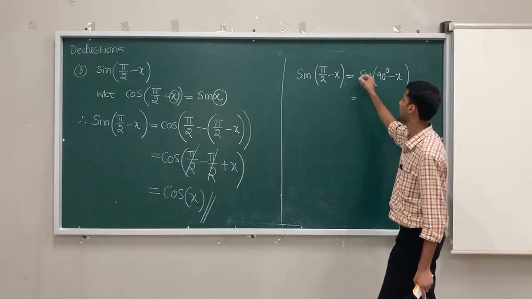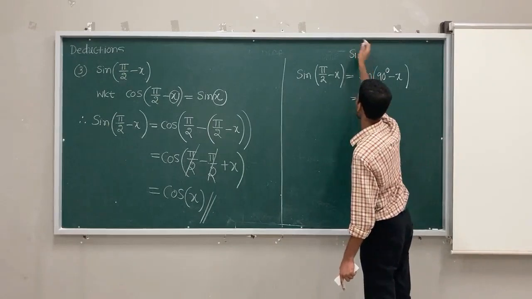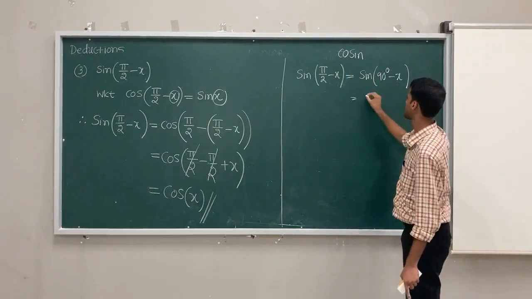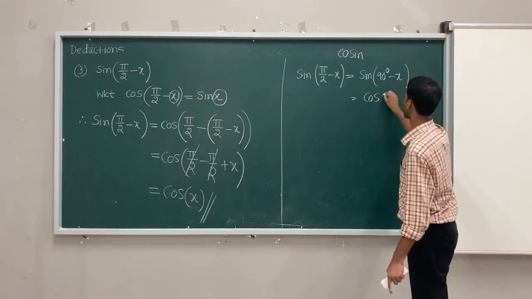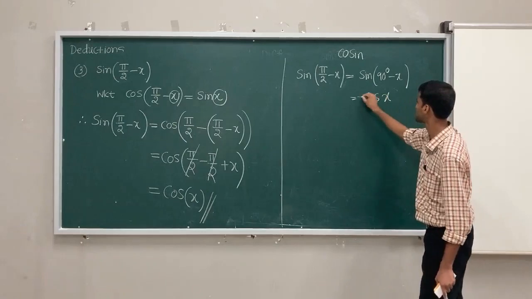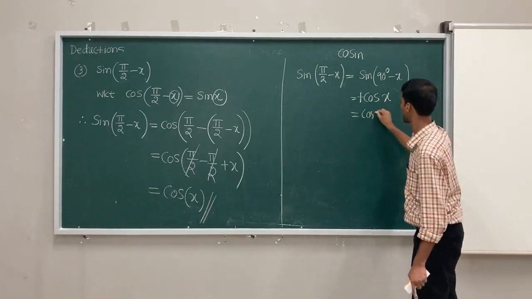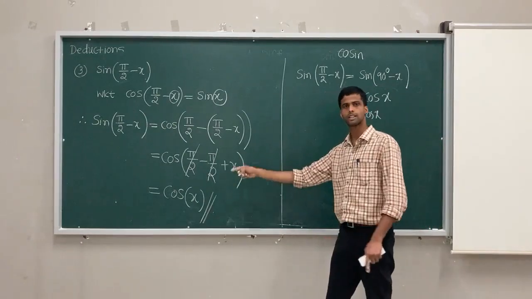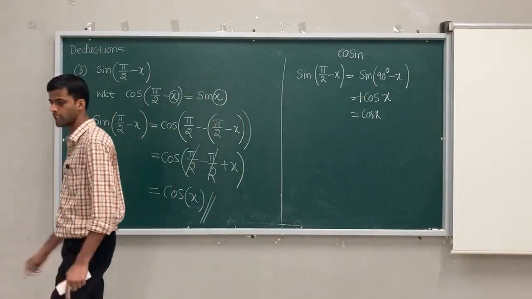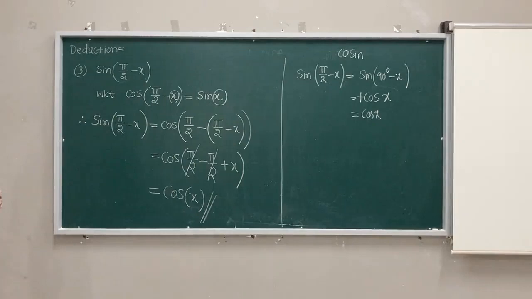When you don't have co, add a co, so sine becomes cos. Cos of x. Again, 90 minus x means first quadrant. In the first quadrant cos is positive. So the answer is cos x. See, both are the same. So we got sine of 90 minus theta as cos x.